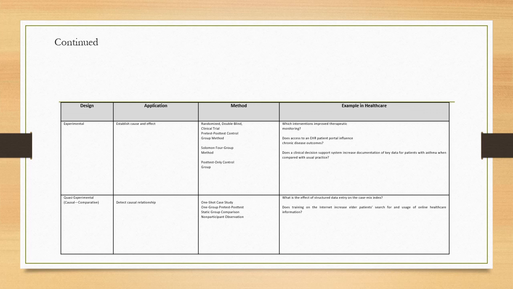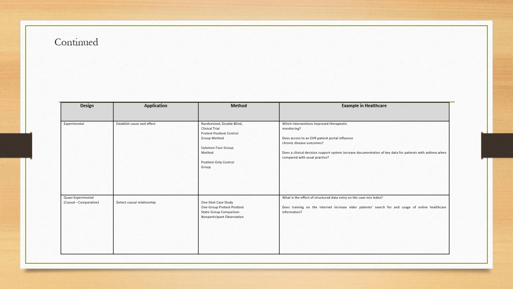And the last study design is experimental that applies to detect causal relationship, and the example in healthcare is what is the effect of structured data entry on the case mix index. Does training on the internet increase elder patients' search for and usage of online healthcare information?